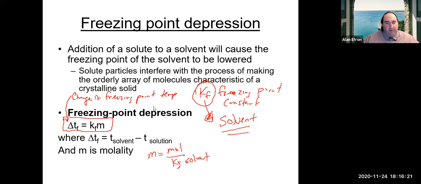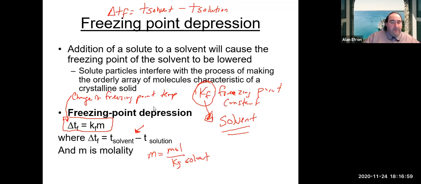Now, another really important thing to remember when dealing with freezing point depression is what we see here. Because the solution will freeze at a lower temperature, the change in freezing point temperature is the temperature where the solvent normally freezes minus the temperature where your solution will freeze. This relationship is important because it allows you to get the correct sign.